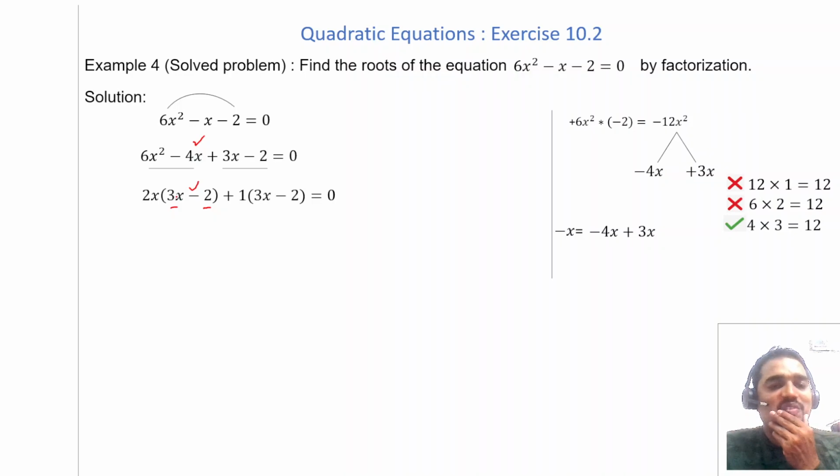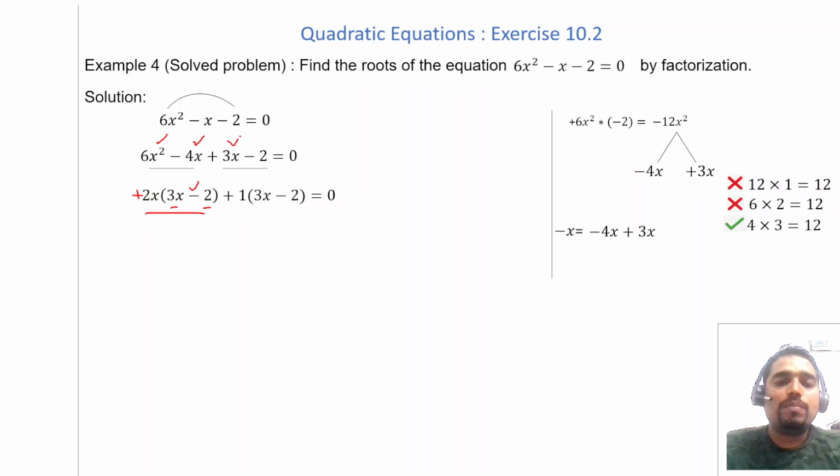How do we verify whether the simplification is correct? 2 3s are 6, x into x is x square, 6x square, and 2x into minus 2, plus into minus is minus, 2 2s are 4, x followed by x. Upon expanding this bracket, 2x multiplied by 3x minus 2, we get both terms 6x square and minus 4x. Therefore the simplification is correct.